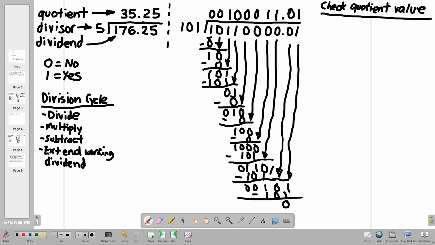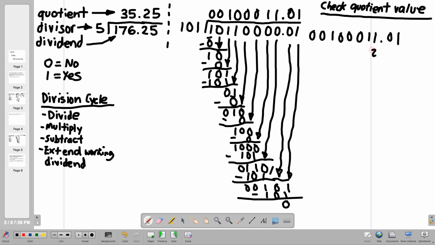So next we want to check this to make sure that the quotient is going to be 35.25. So let's just check. So we got 0, 0, 1, 0, 0, 0, 1, 1, 0.01. And let's look at its positions.